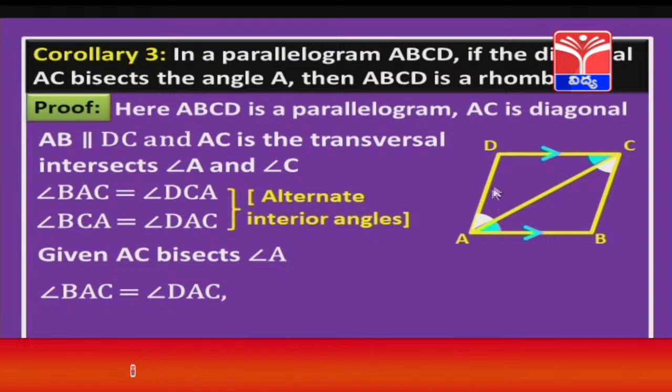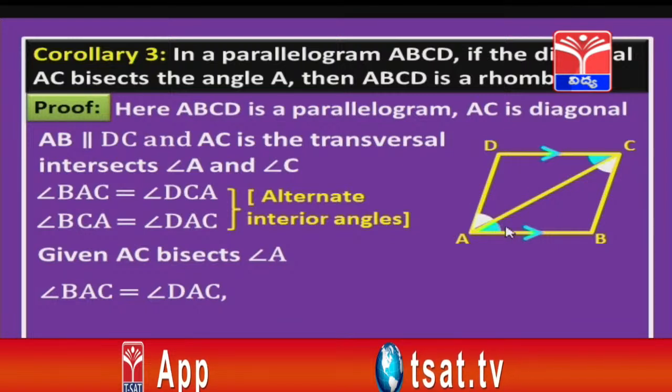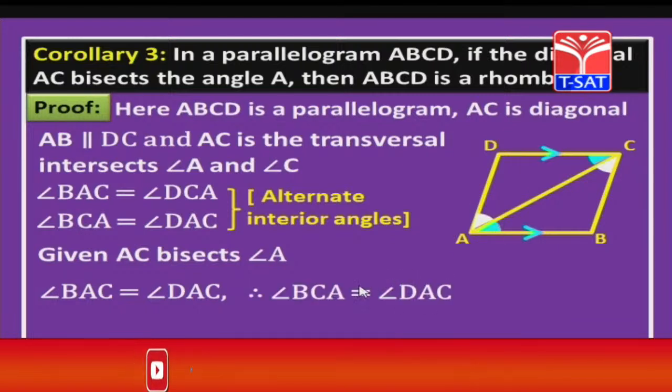DAC is one equal part and BAC is another equal part. So, these two must be equal. Therefore, angle BCA and angle DAC are equal.